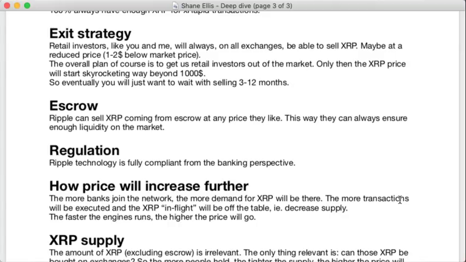Most likely we will have to go below the current market price in order for our order to be executed. And Shane also stated that the overall plan of the whole system is to get us retail investors out of the market, and that the price of XRP will only start skyrocketing way beyond $1,000 once that has happened.